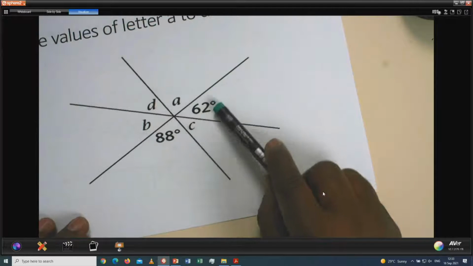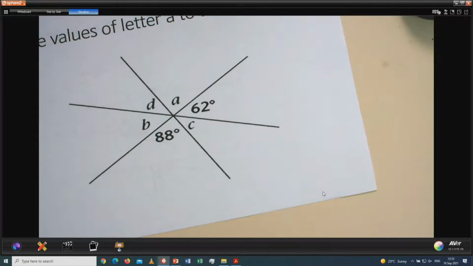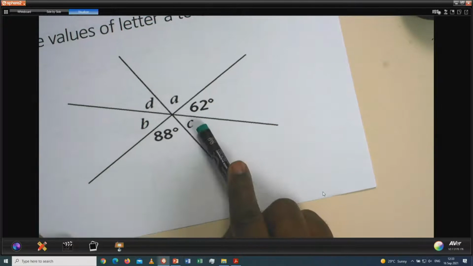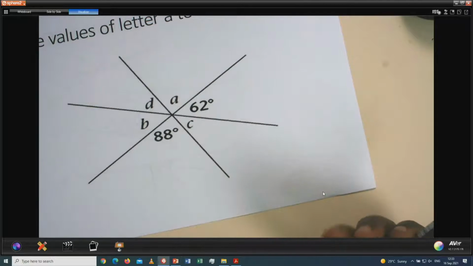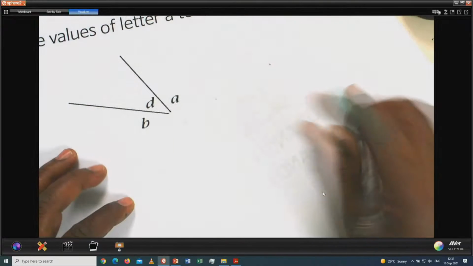What is 62 vertically opposite to? What is 88 vertically opposite to? D is vertically opposite C, but both of them we don't know what they have. A, B, D is a straight line, but you cannot go anywhere.